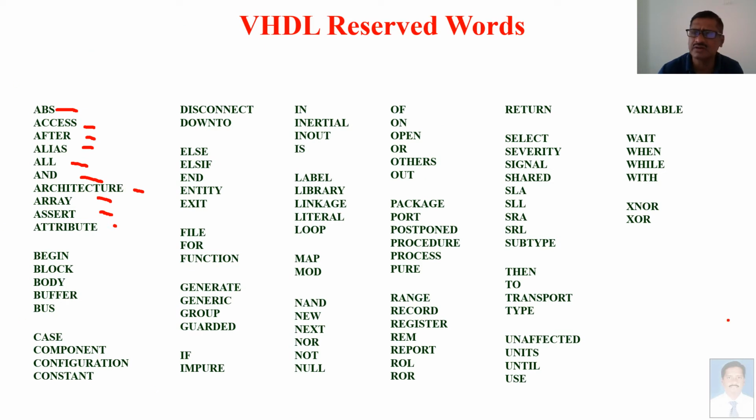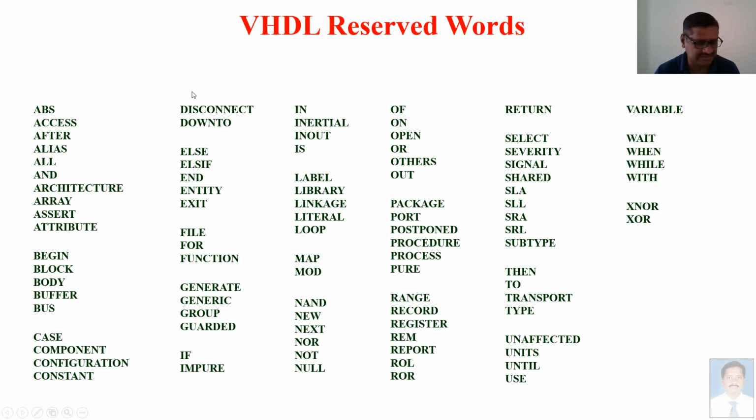We should remember all these reserved words because we should not use a reserved word as an identifier. The identifier may be the name of the entity, the architecture, a constant, a variable, or a signal, whatever. That's why we should be aware of the reserved words used in VHDL.